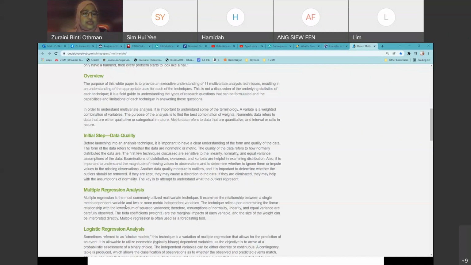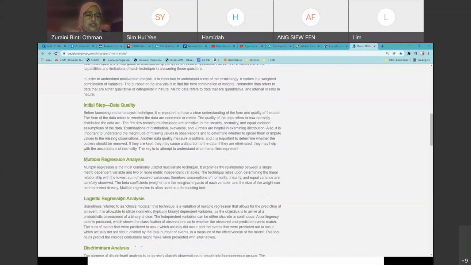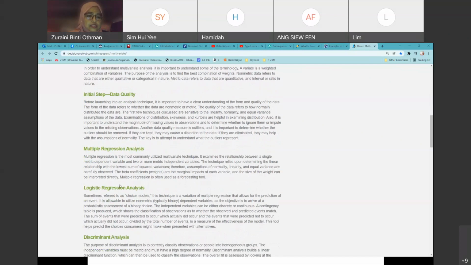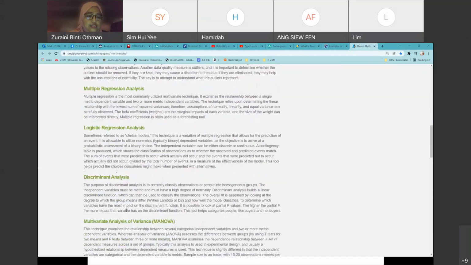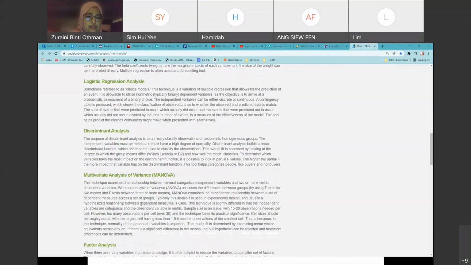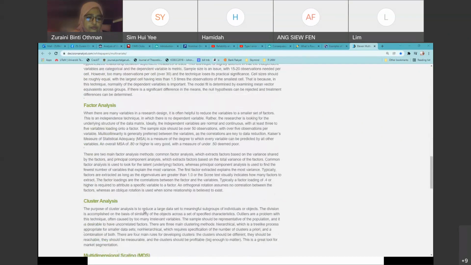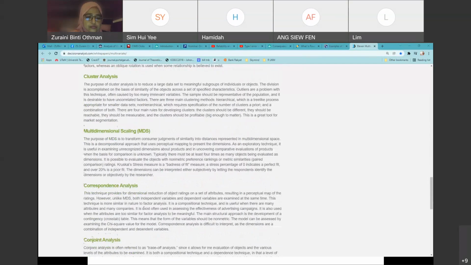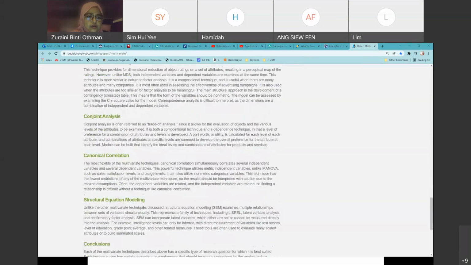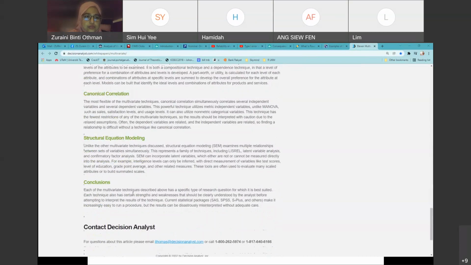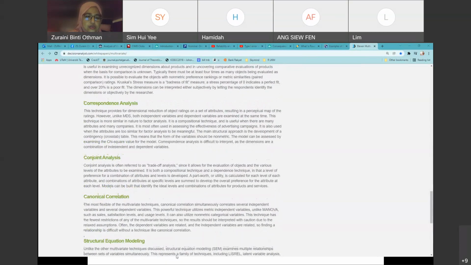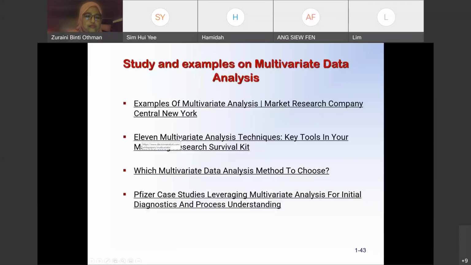Then here they discuss a bit of multiple regression analysis, logistic, discriminant analysis, and MANOVA, and so on. Okay, this is from the 11 multivariate.